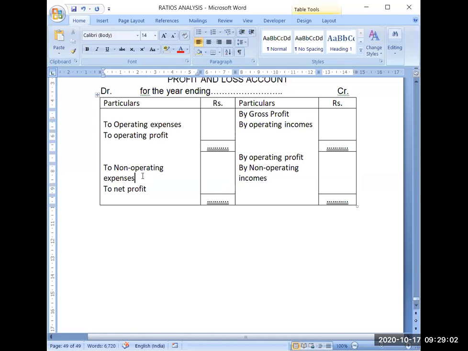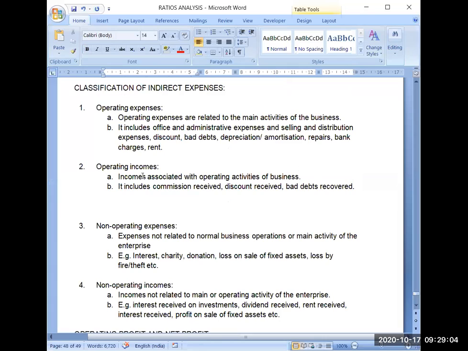If you have not noted them down properly, please take a screenshot of this and note them properly. You should know them, because even if you don't need them in this chapter, you will need them in the next chapter. If you note them down and read them once a day, within 4 or 5 days you will remember what are my non-operating expenses, operating expenses, operating incomes, and non-operating incomes.